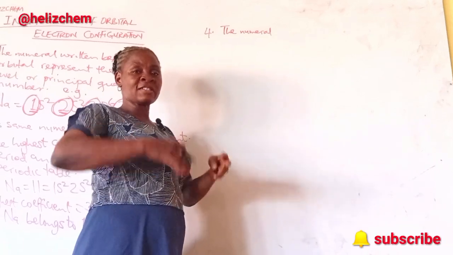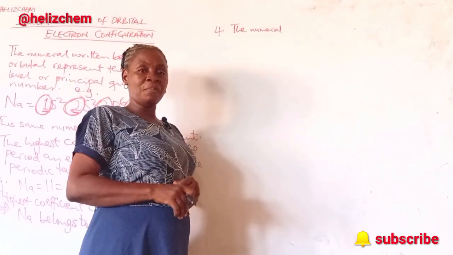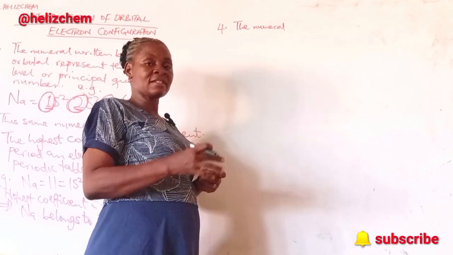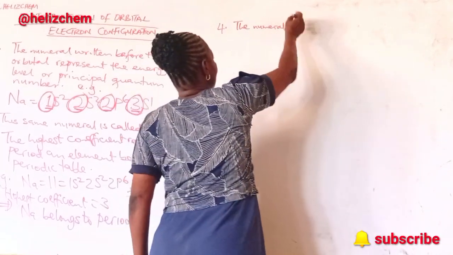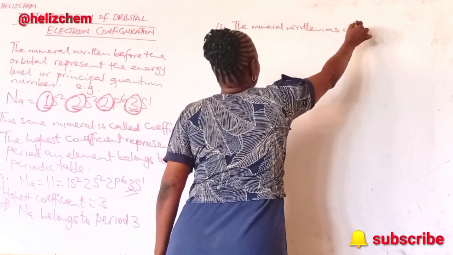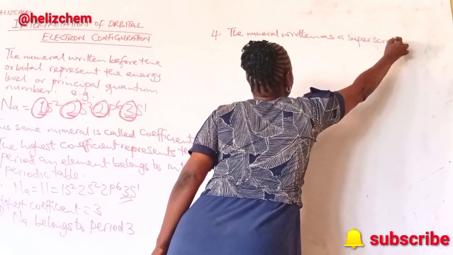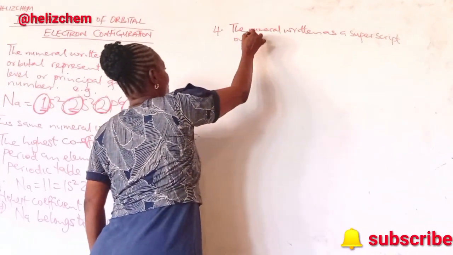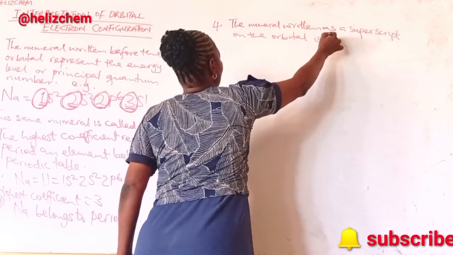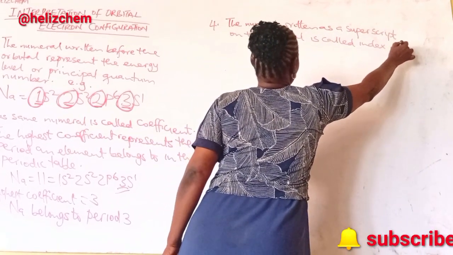The numeral written as a superscript on the orbital is called index number.